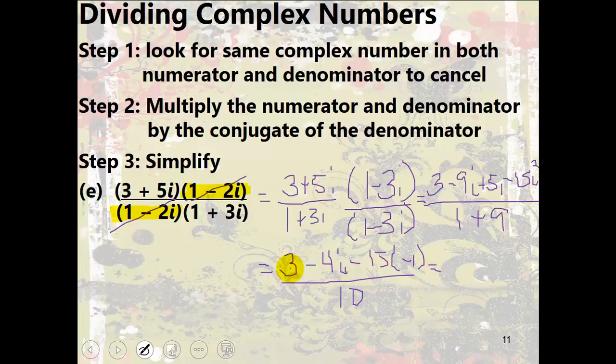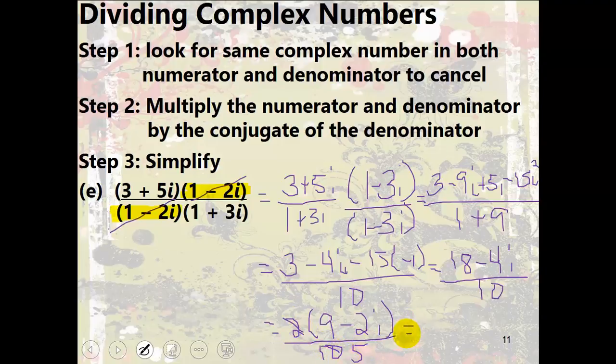And then I get 3 plus 15, so that's 18 minus 4i over 10. Now let's factor out a 2 in the numerator, and I get 2 times 9 minus 2i over 10. And so I'm going to cancel, and I get 9 minus 2i over 5. And here's your final answer.